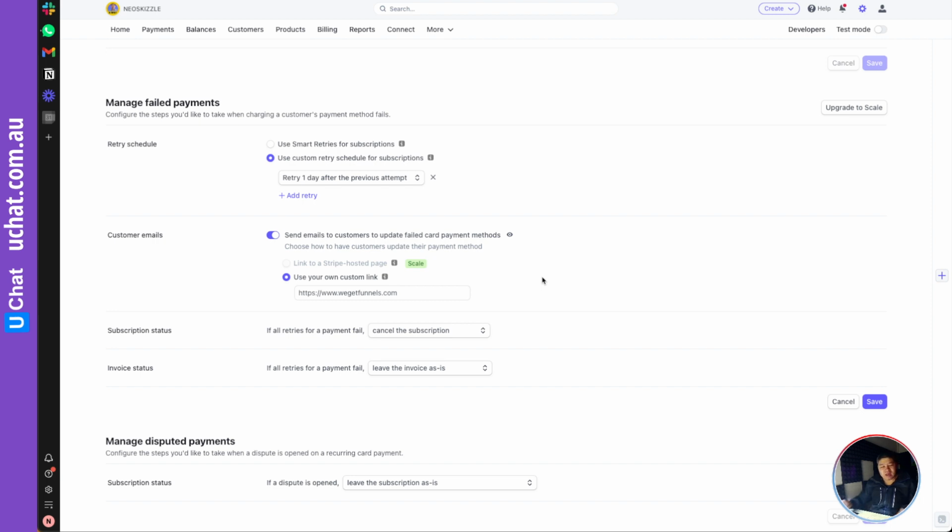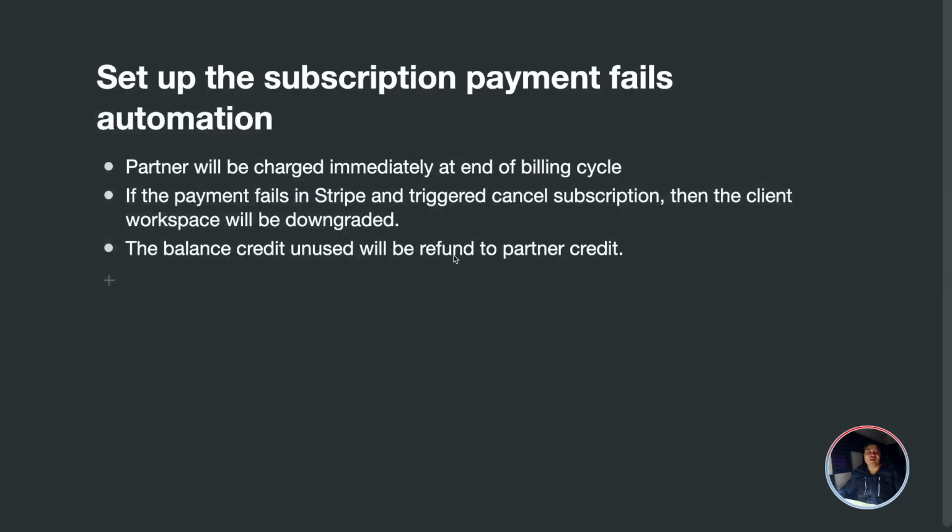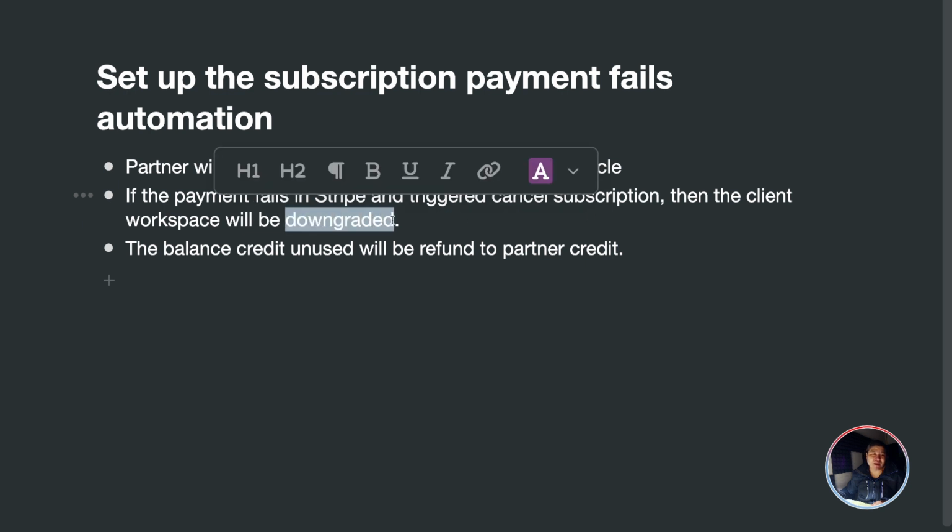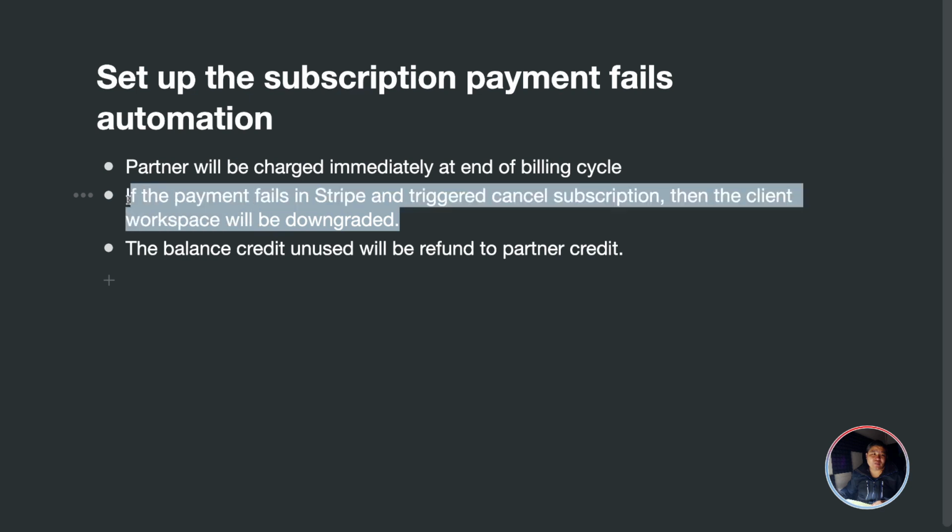Okay, so I hope I make it 100% clear over here. The point is, the partner will be charged immediately at the end of the billing cycle. If the payment fails in Stripe and triggers a cancel subscription, then the client's workspace will be downgraded to the free plan. That is the automation that UChat will take care of.